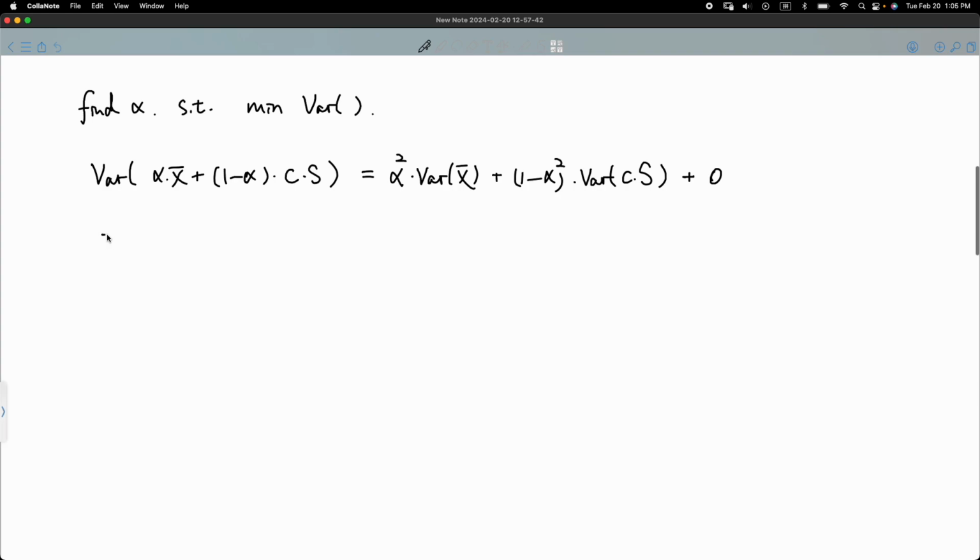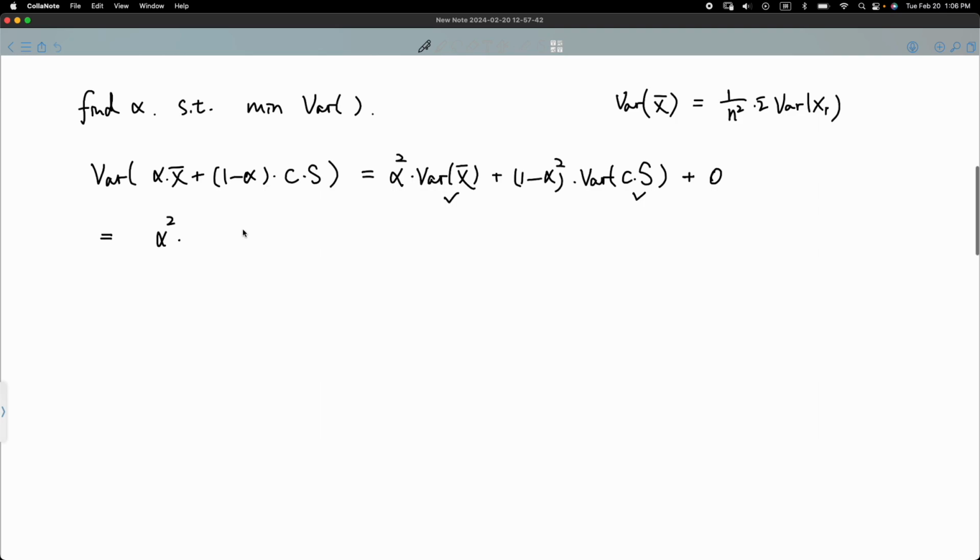Now we just need to evaluate the variance of x bar and the variance of c multiplied by s. For the variance of x bar, you have already seen this many times, but just a brief note: you have 1 over n squared times the sum of the variance of xi.